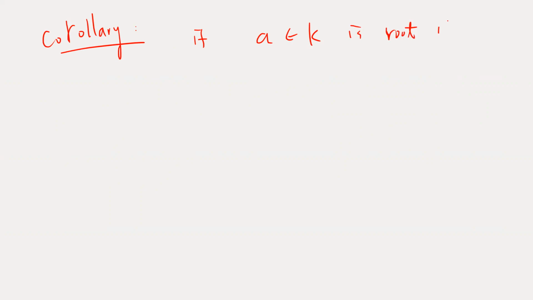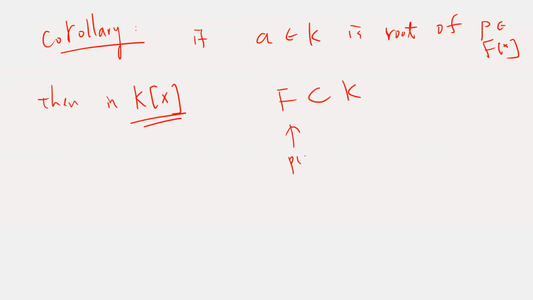So now we have an important corollary. The corollary tells you that if a belonging to K is a root of p in F, then in K of x, the polynomial p of x can be factored.